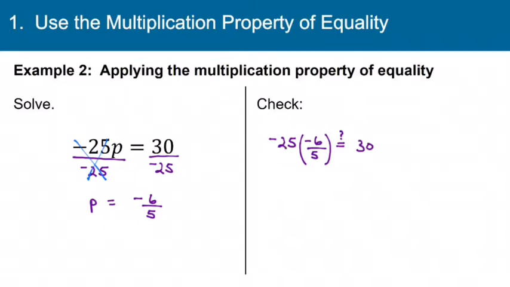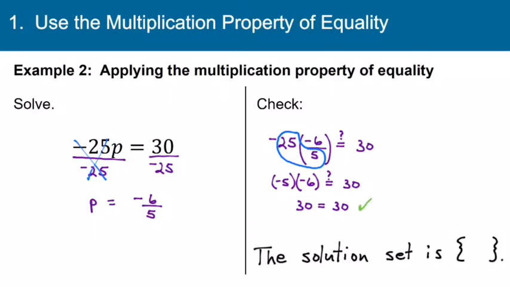Let's take advantage of the fact that 25 divided by 5 makes a whole number. So 25 divided by 5 makes 5, and then we would have negative 5 times negative 6 equals 30, and we know that's true. Negative 5 times negative 6 is 30. So we have verified that our solution is true. And now to put it in set notation, we'll just say the solution set is negative 6/5.